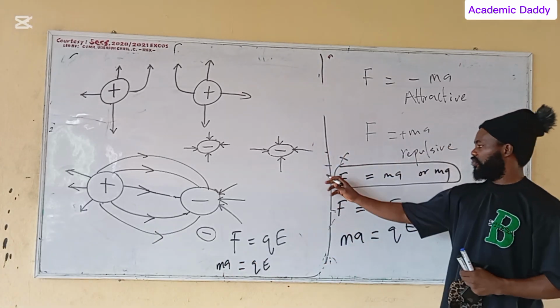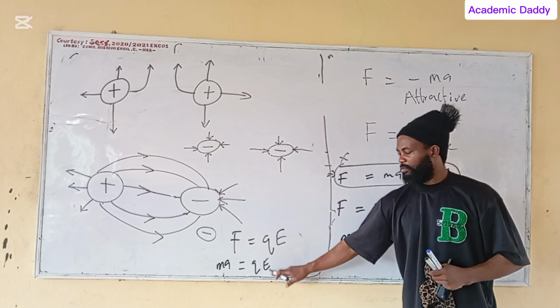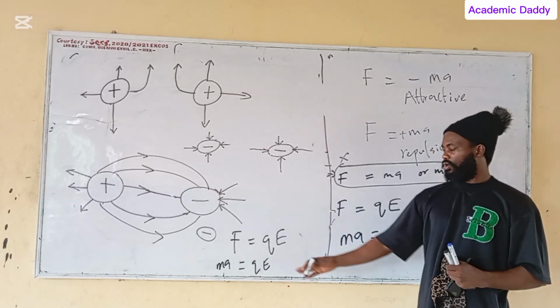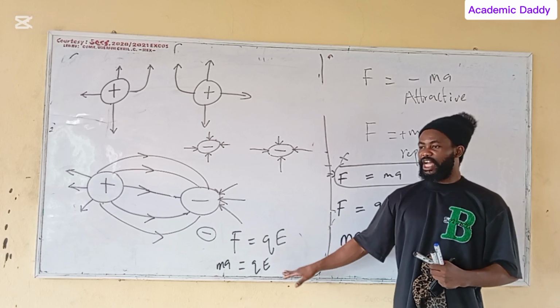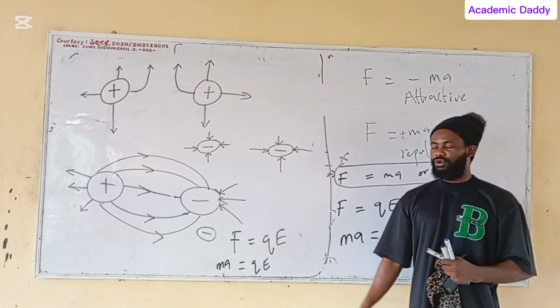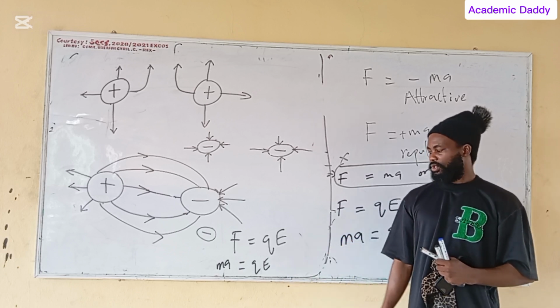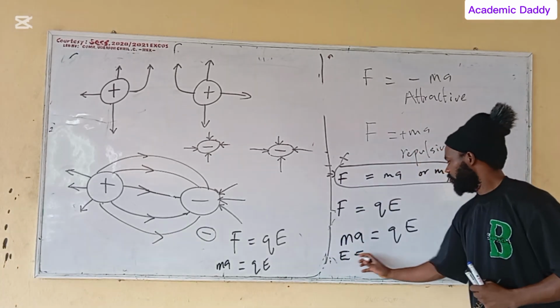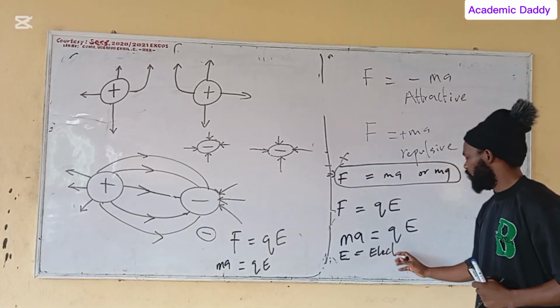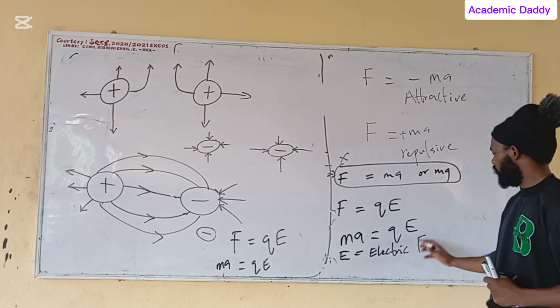So if this particular understanding is hard for you, just remember this. This is the actual law governing the force of a charged body in an electric field. So it is from here you now see that E means electric field, sometimes they call it just electric field, or they tell you electric field intensity.